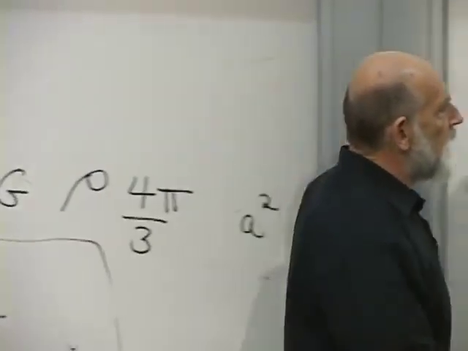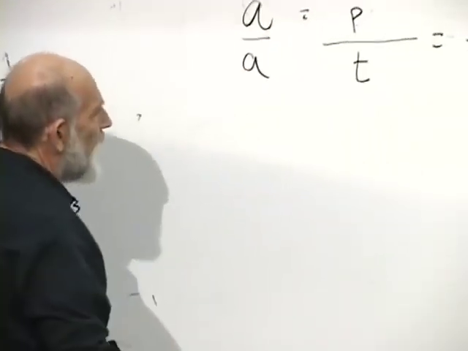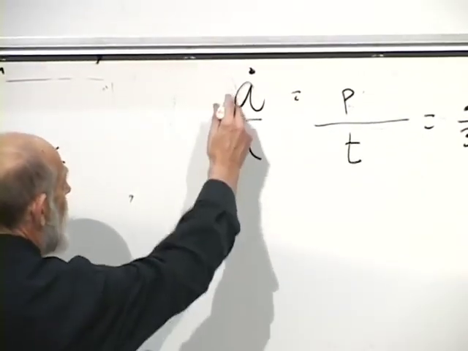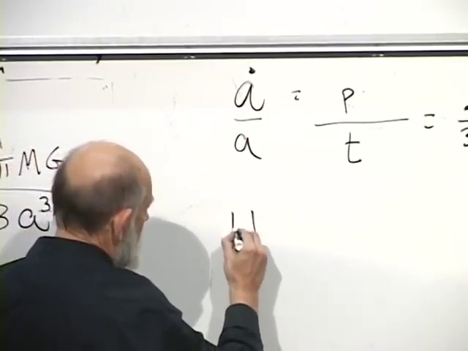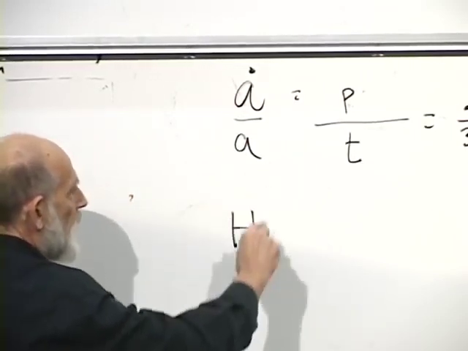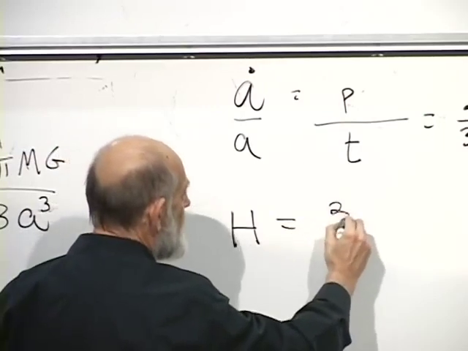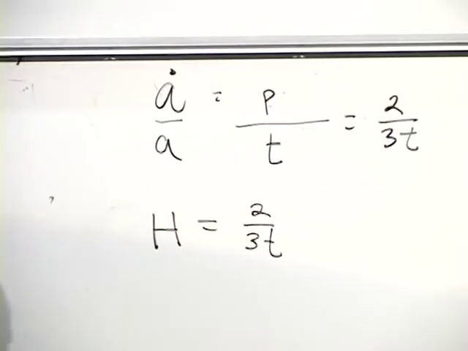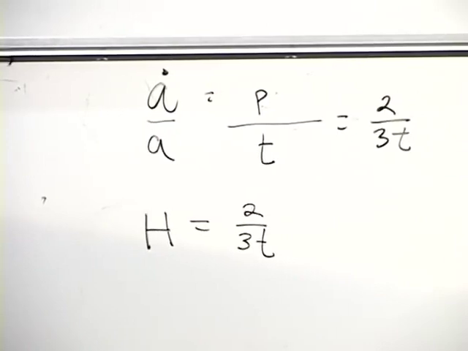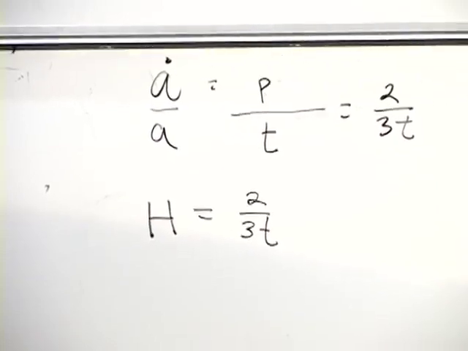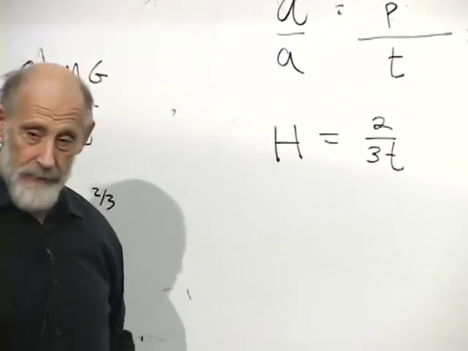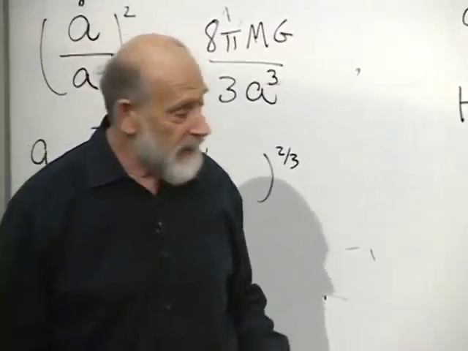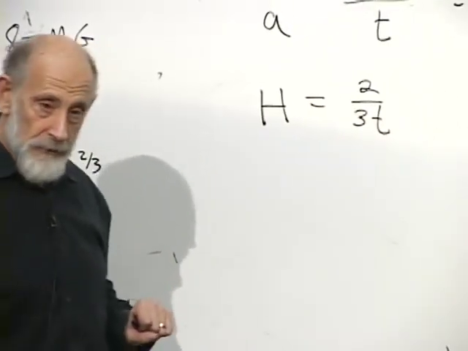Let's come back over to here. A dot over A is the Hubble constant. That's the Hubble constant. On the right-hand side, we have 2/3 t. Now, as has been pointed out, the Hubble constant depends on time. Yes, it does. Here it is. How does it depend on time? Like 1 over the time. But here's a tool that you can now use.